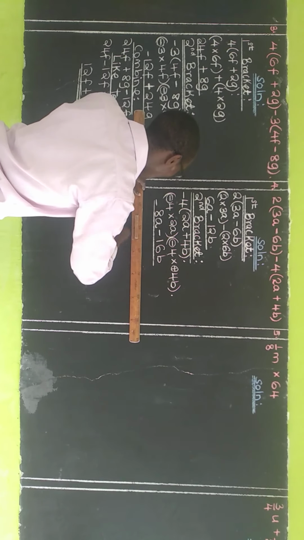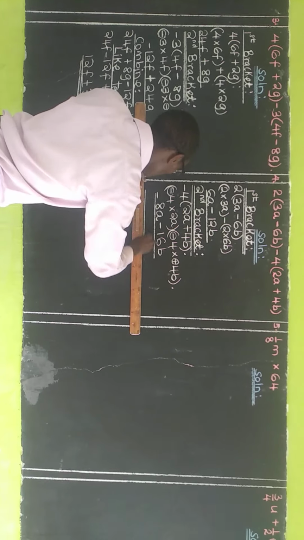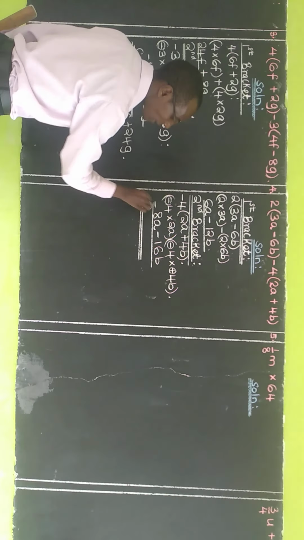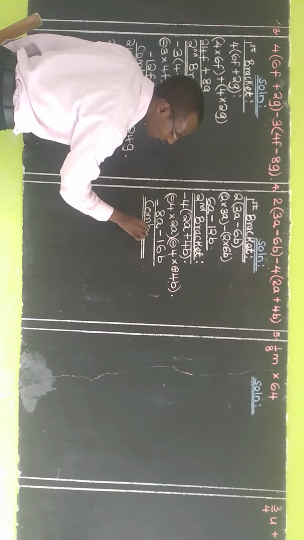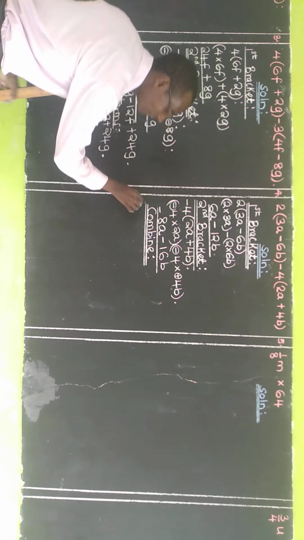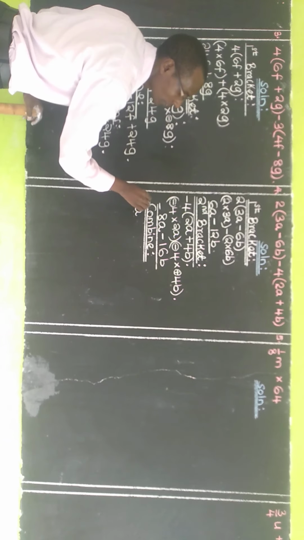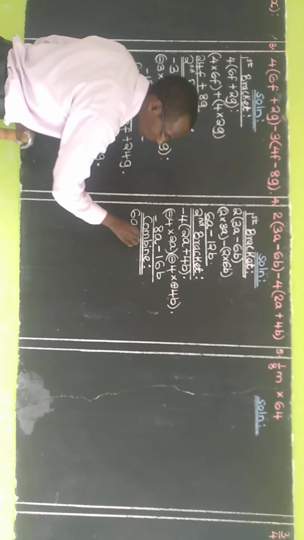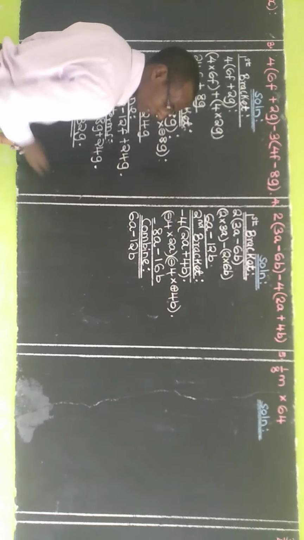Then from there, I will go on to the next step, which is combining. So I go on and combine them. We have 6a, the very first bracket, minus 12b.